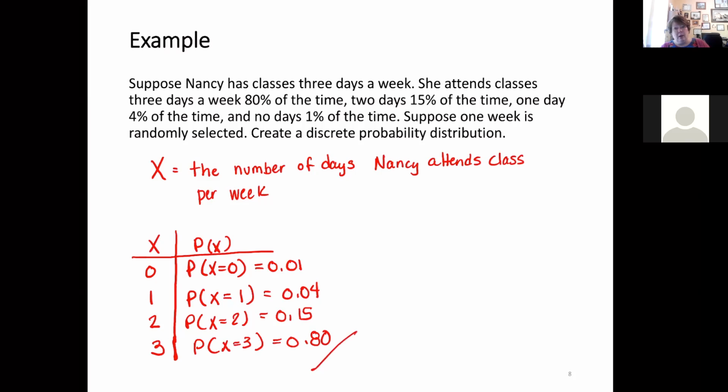They have to add up to 1. So if I add those all up, 0.01 plus 0.04 is 0.05, plus 0.15 is 0.2, 0.2 plus 0.8 is 1. So this is a discrete probability distribution. But tisk on Nancy, should be attending class every day of the week, 100% of the time. I'm the teacher, I can say that. All right. And that's a discrete probability distribution.